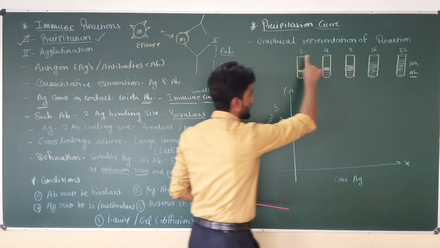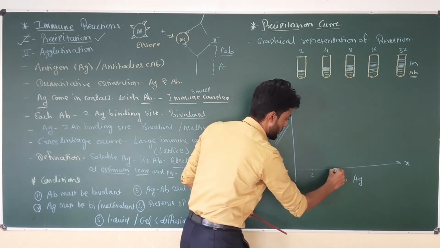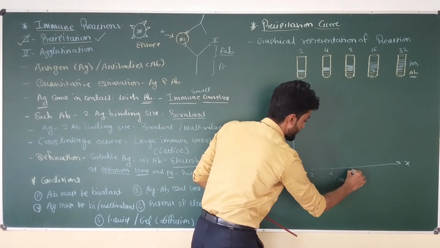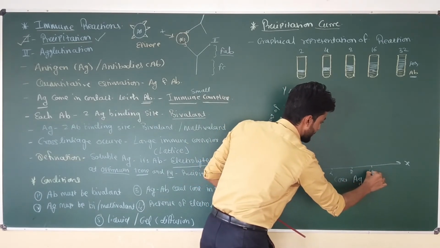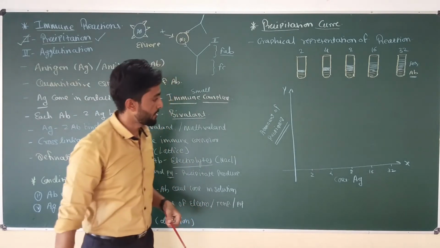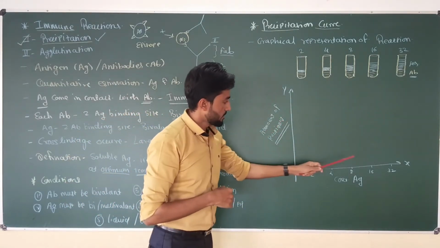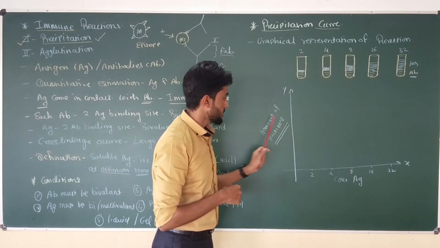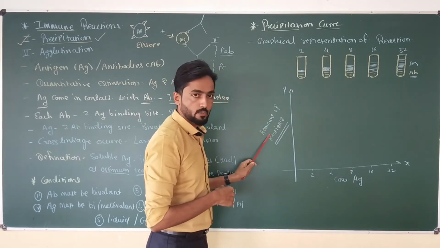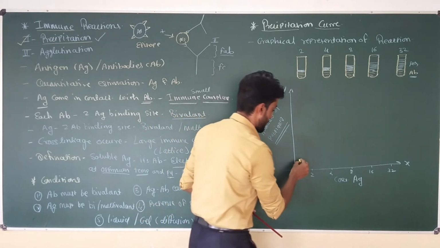So I have to take this concentration on x-axis: 2, 4, 8, 16, and 32 micrograms per ml, for example. Now, when I plot the graph of antigen concentration versus amount of precipitant produced in every tube, I'm going to get a bell-shaped curve.